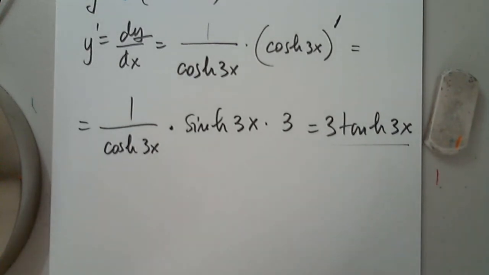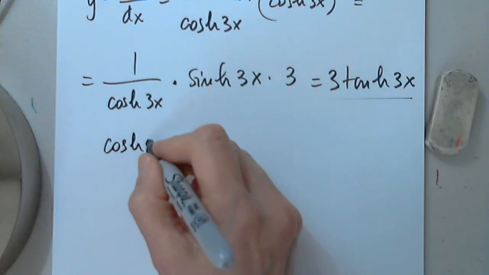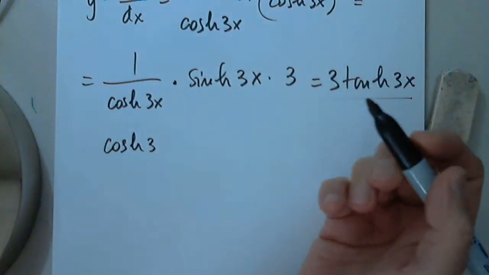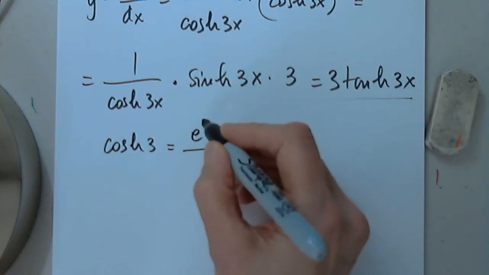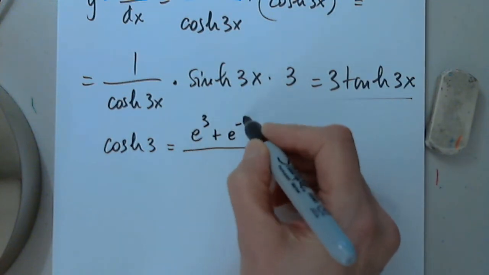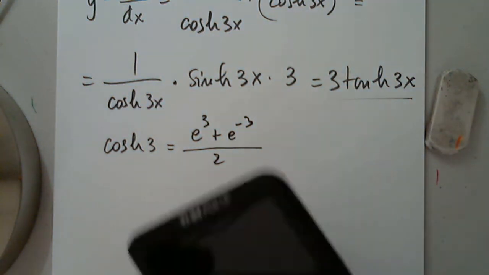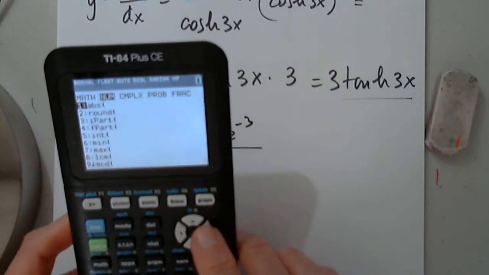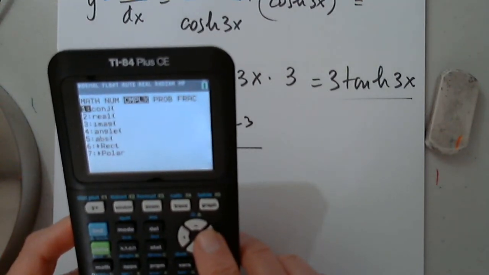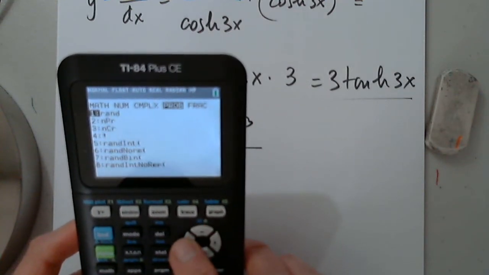So if I want to evaluate hyperbolic cosine of 3, then I have no choice. I have to use e to the third plus e to negative 3 divided by 2. I don't know if these newer calculators came up with hyperbolic functions. I was never curious to find it.